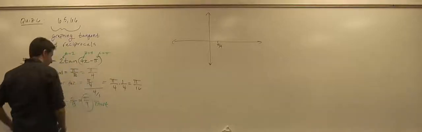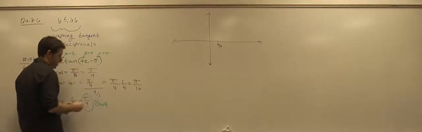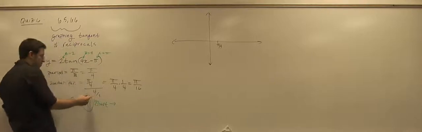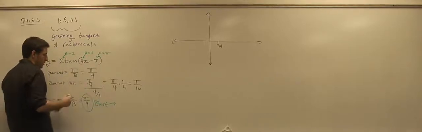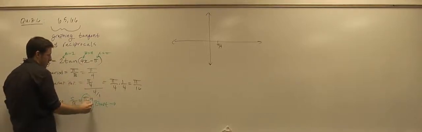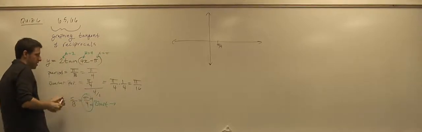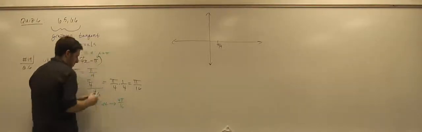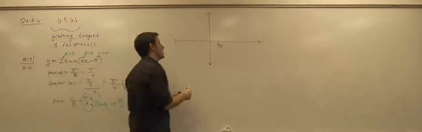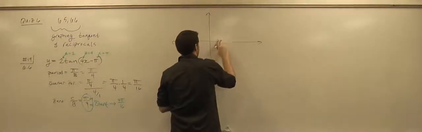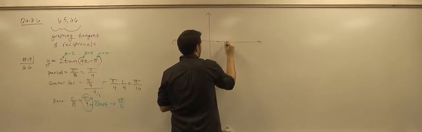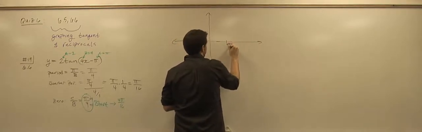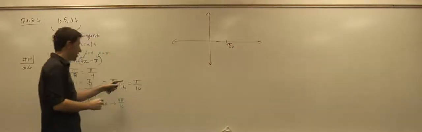So what would this become? 4 pi over 16. Yeah, you have to multiply by 4 over 4. So I'll label this 4 pi over 16. I forgot they didn't have the same denominator.